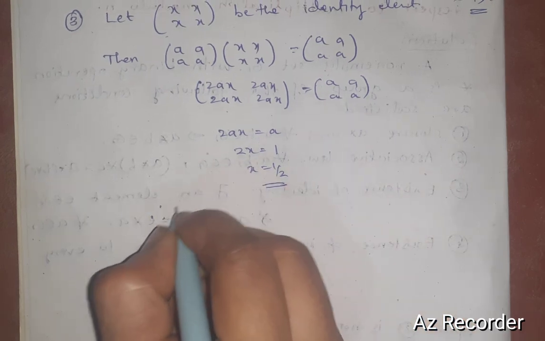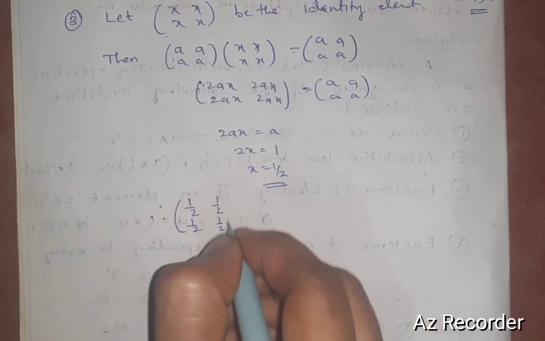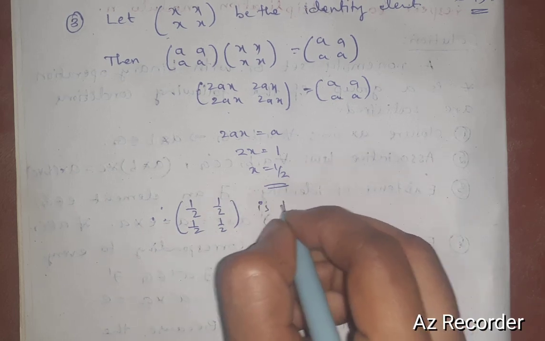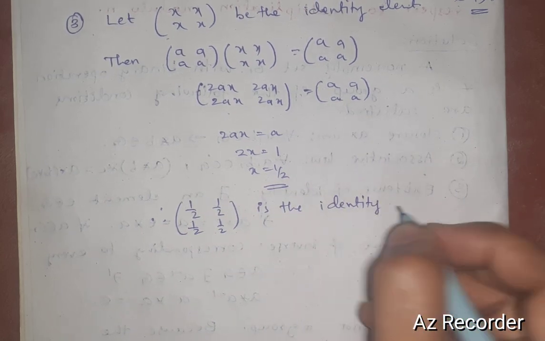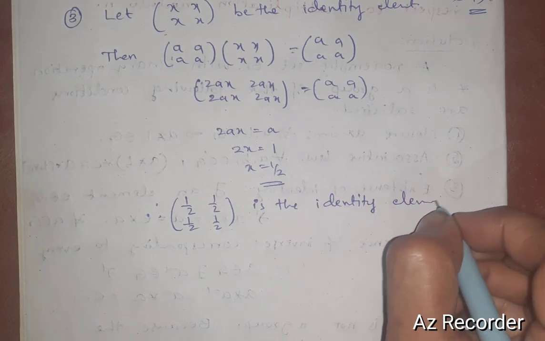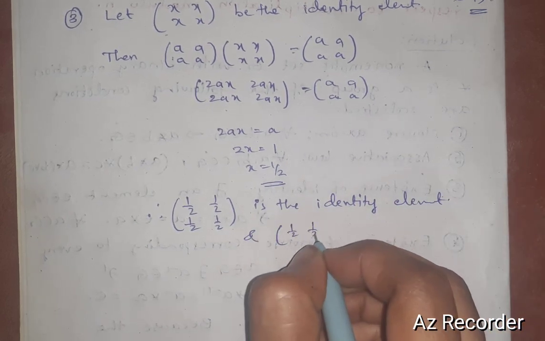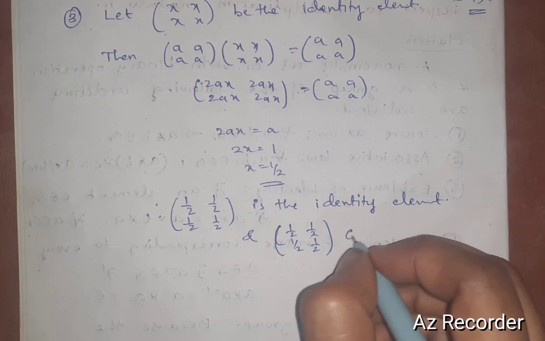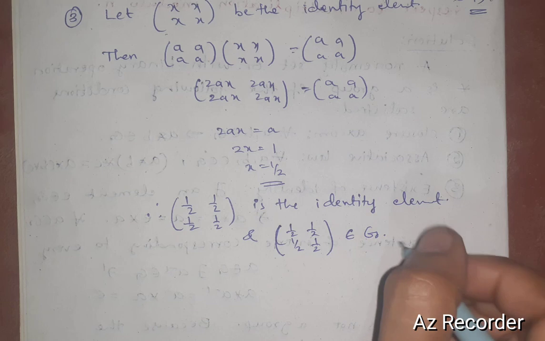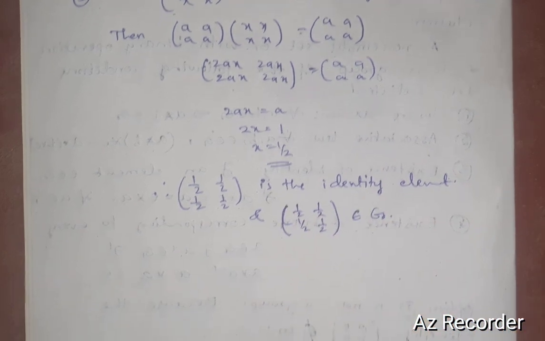Therefore the matrix with all entries 1 by 2 is the identity element. Clearly the entries are all rationals, and 1 by 2 is not equal to 0. So this is an element of G, and therefore it is the identity element.